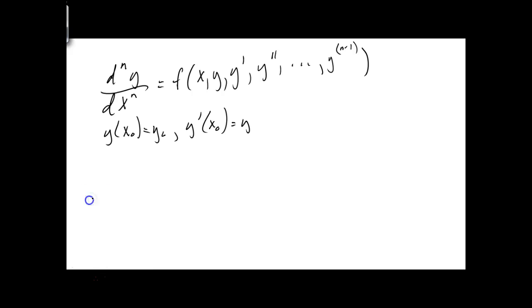You can call them anything you want to, but to be consistent here, y1. Okay? And then continuing, y double prime evaluated at x0 would be y2. And you continue that process until you get the n minus first derivative of y evaluated at x0 would be y sub n minus 1. Okay. There is your differential equation.